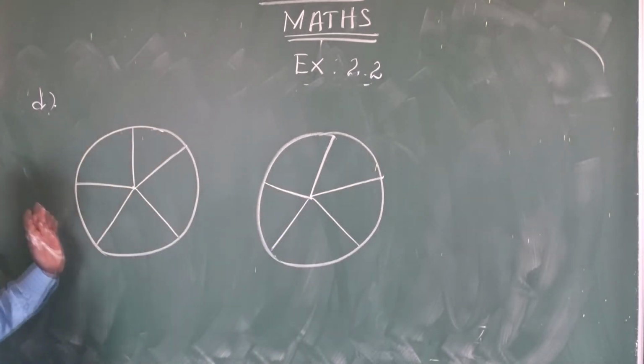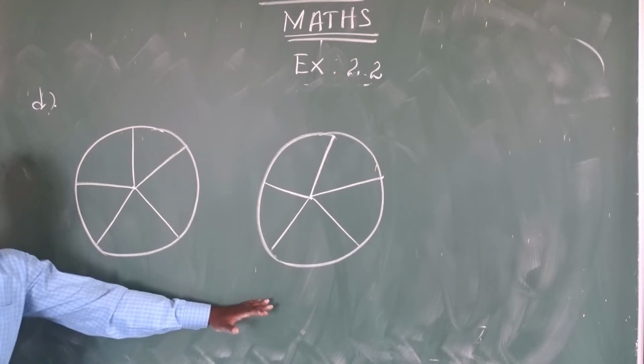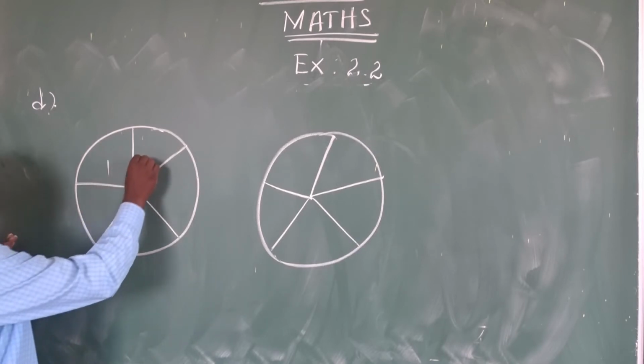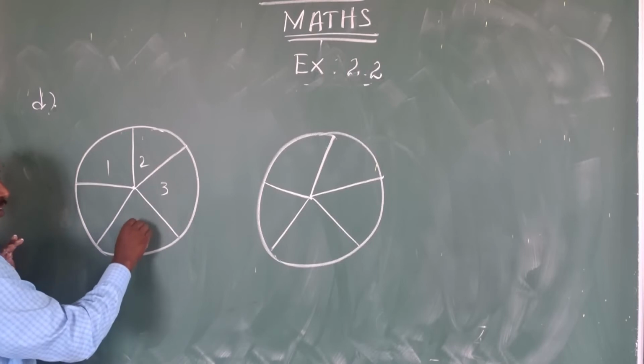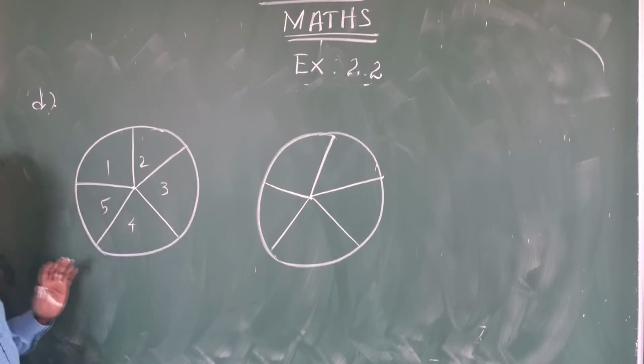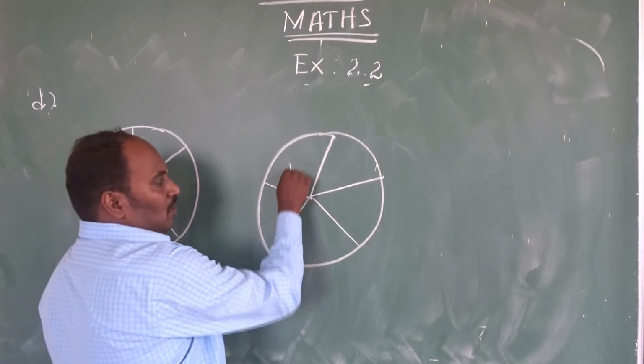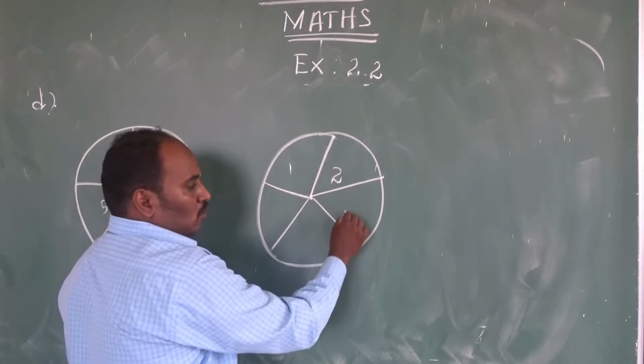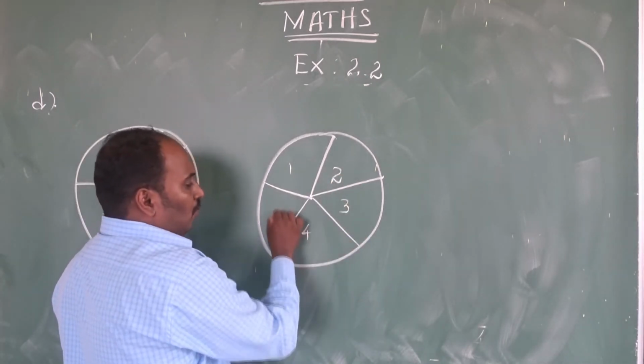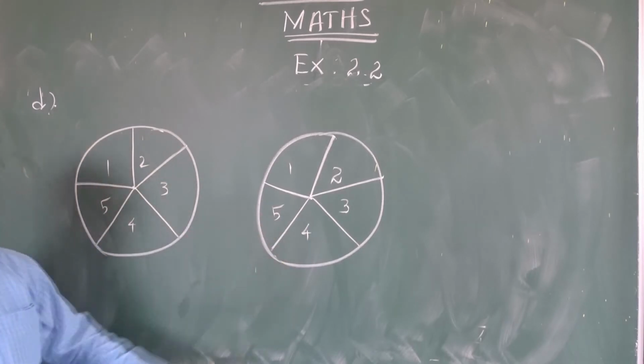Listen here, D part, 2 circles are shaded. 1, 2, 3, 4, 5. 5 circles in total. Listen here, 1, 2, 3, 4, 5. 5 parts.